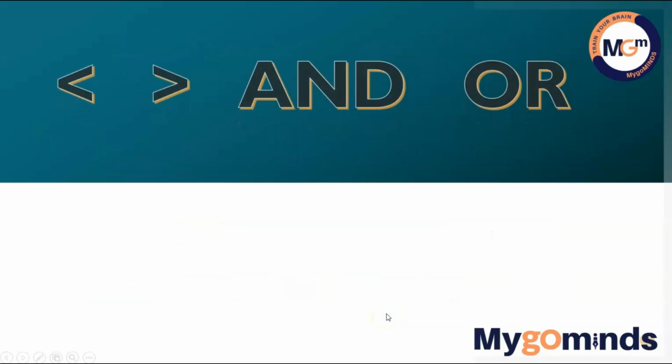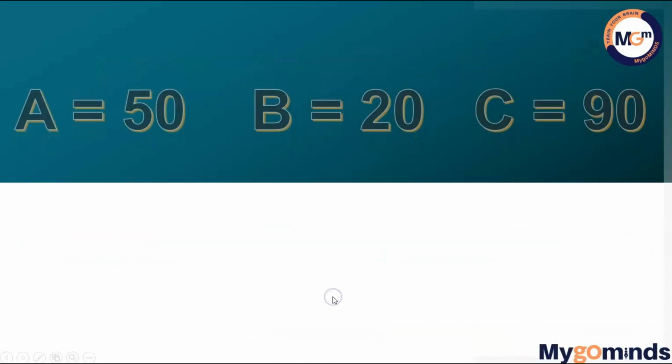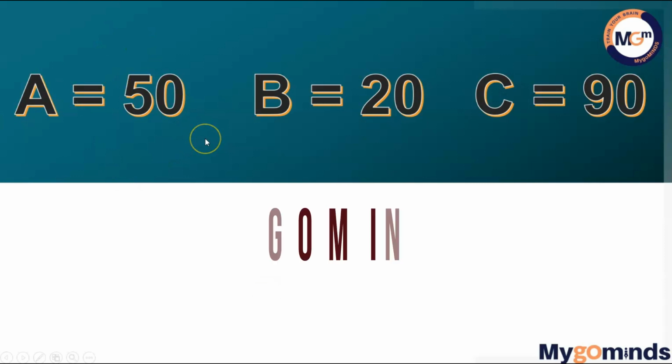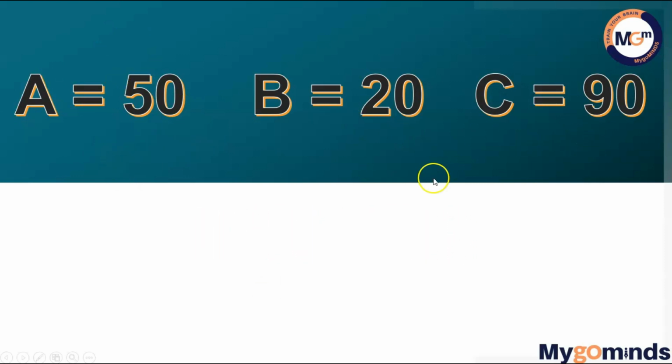Which operator do we use to find out if a number is the greatest or not? It is always greater than, right? And the and operator is what you'll use if you have more than one condition. I'll show you using a program. Let us take this example: A is equal to 50, B is equal to 20, C is equal to 90.